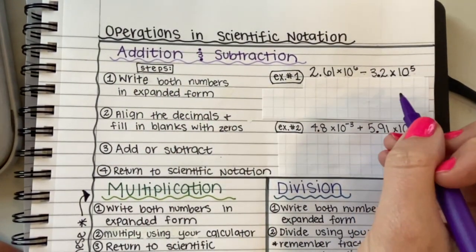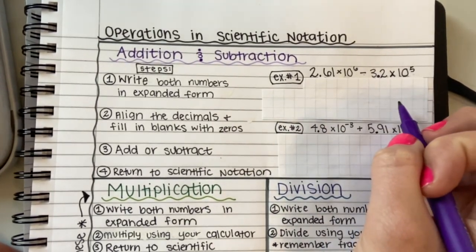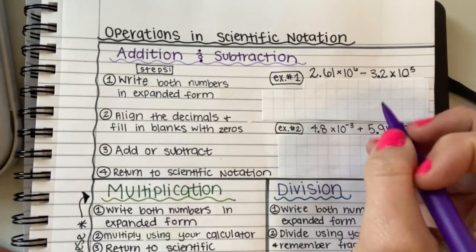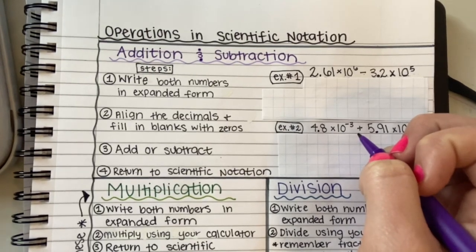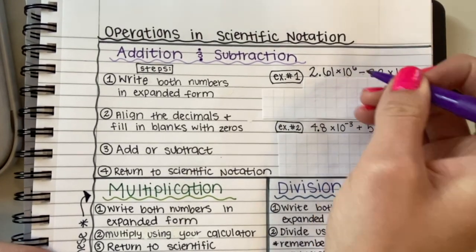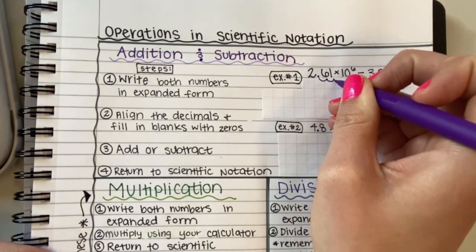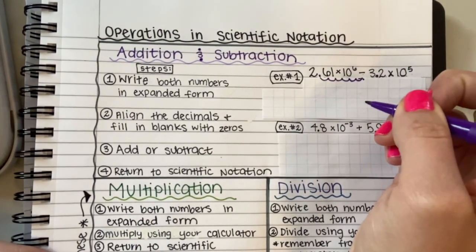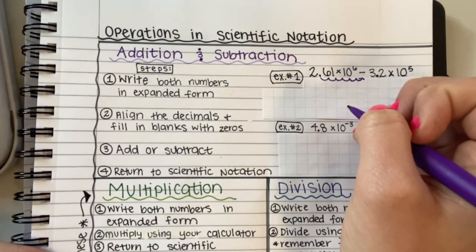If you see here, I actually have graph paper glued down. That's just so that when I align my place values, you see how important it is that they are exactly lined up. So first, I'm just going to expand both these numbers. There's an exponent of 6, so I'm going to move my decimal point 6 place values to the right because it's a positive 6, so we're making a bigger number.